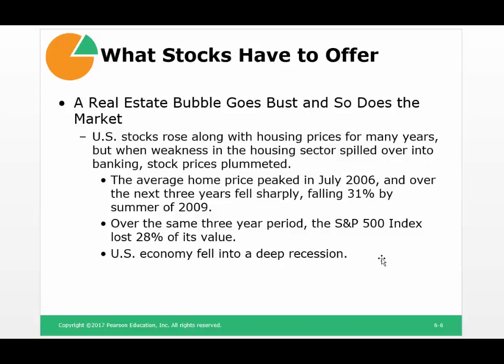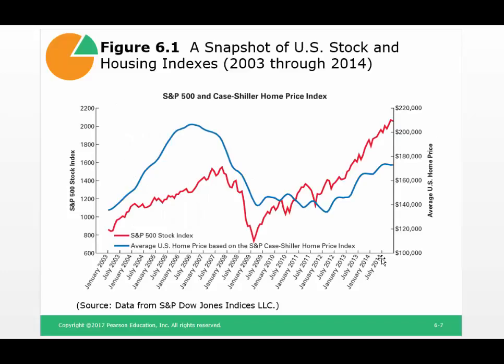Lots of people lost a lot of value in their homes. That decline slowed down the housing industry in general, both building, renting, etc. And the economy fell into a recession. With that recession, what naturally happened to stocks then was that the stock market fell right along with it.